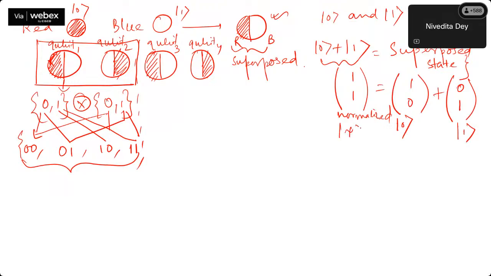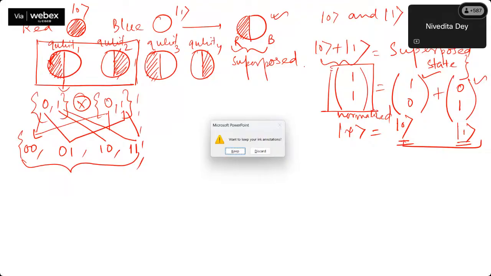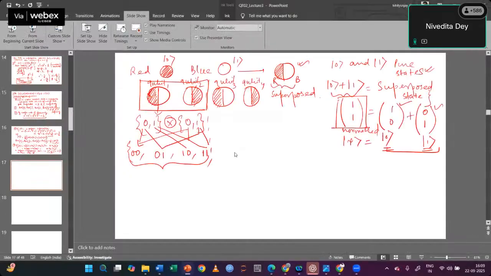So if this is psi, this is 0 plus 1 together. This is a pure state, this is a pure state, but this is one superposed state. I think, Satish, is it clear now?